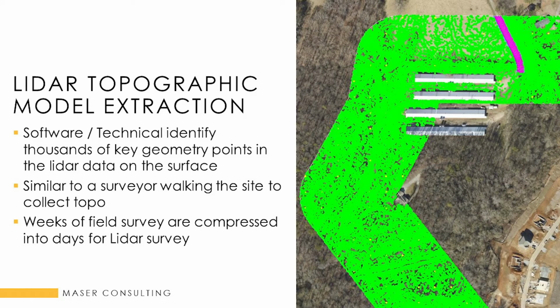So once we have that bare earth model, we go through and use a combination of software and physical CAD extraction and create all of the model key points and break lines that would normally go into any survey surface.